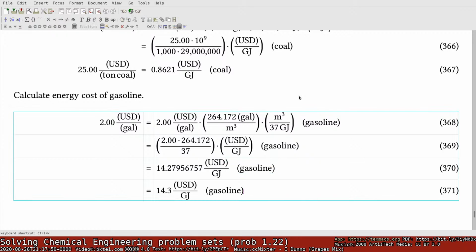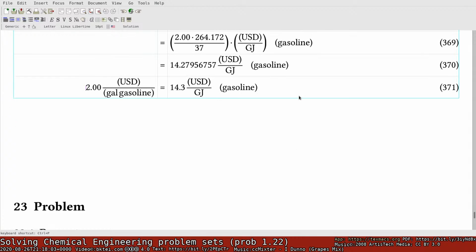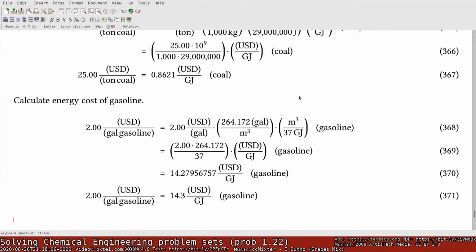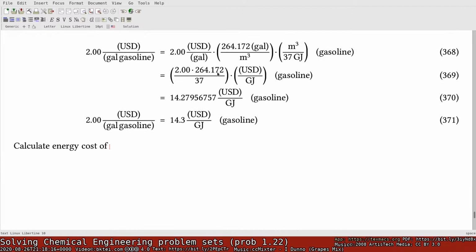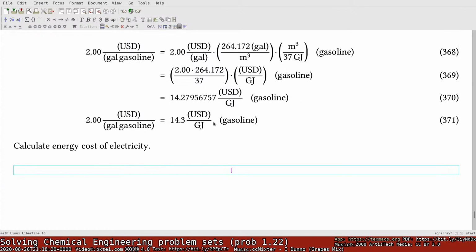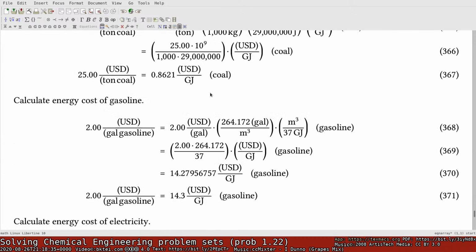Okay, then calculate energy cost of electricity. $0.10 per kilowatt hour, down to 4 decimal places.